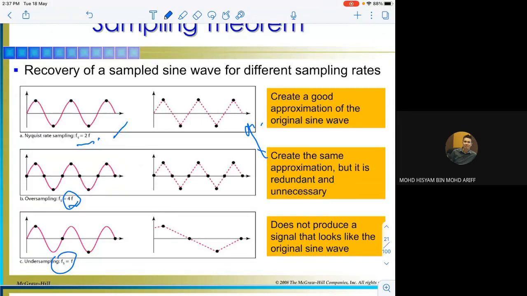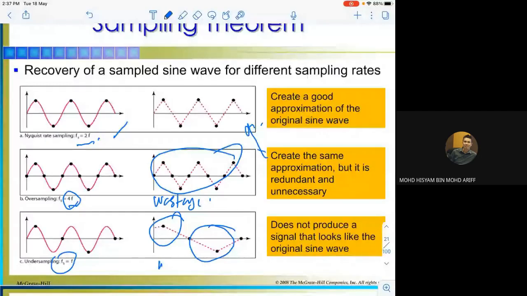The third one does not produce a signal that looks like the original sine wave. The positive cycle and negative cycle are not complete, which is wastage and not complete in terms of the original. This one is good, just nice.